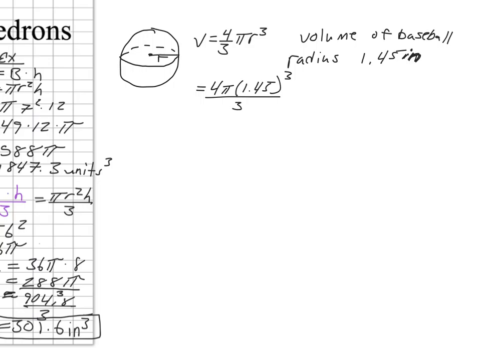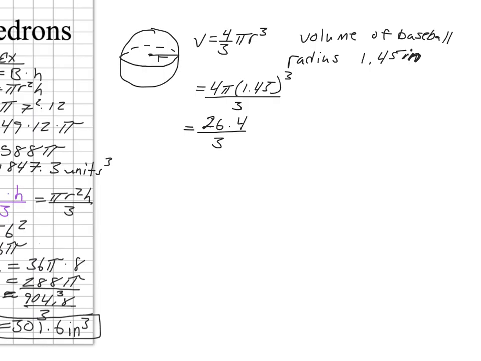Okay, so if I multiply that all through, I get 4 times pi times 1.45 squared. And that gives me on top approximately 26.4 over 3.